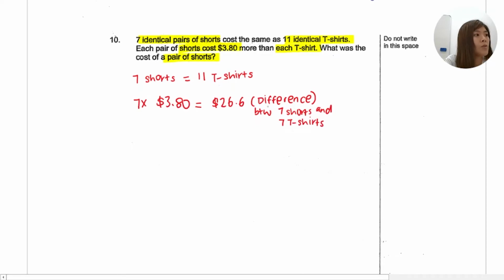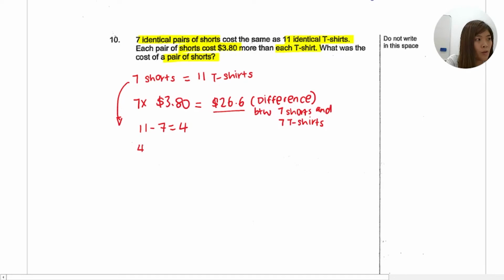Okay, and you also know that 7 shorts cost the same as 11 t-shirts. So what does that mean? It means that the difference here is equivalent to the difference here. So 11 minus 7 is 4.